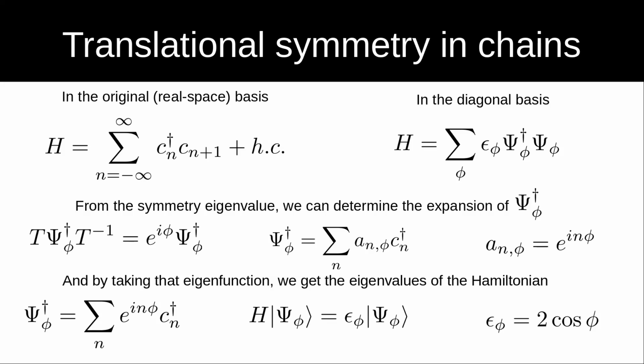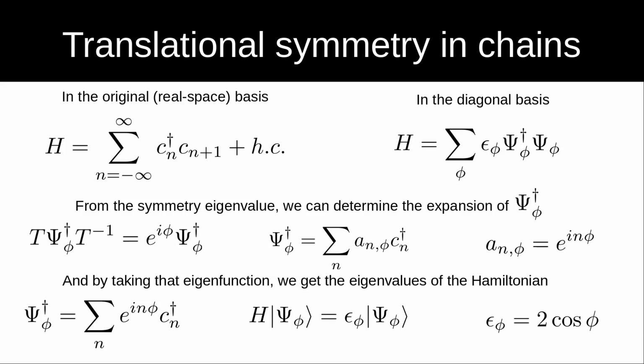What this actually means is that we know that the eigenvectors of this Hamiltonian must pick a phase when you apply translational symmetry. So our objective here is to find a diagonal basis for this Hamiltonian. So the way we do it is we essentially assume that our eigenstates can be written as a linear combination of our creation operators, which is, of course, how the eigenstates are going to look like.